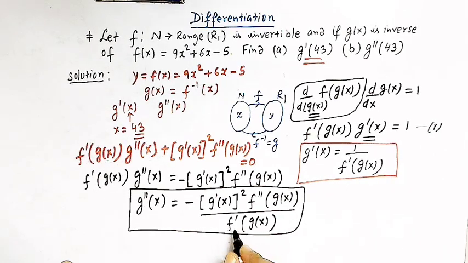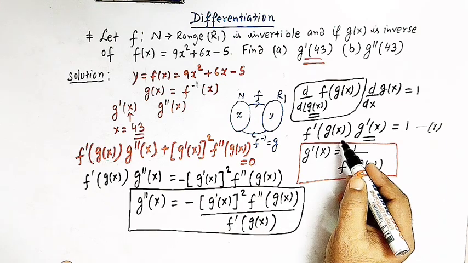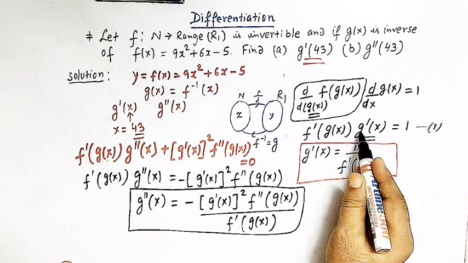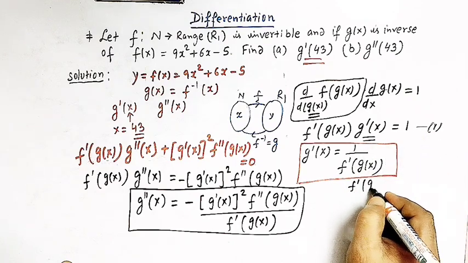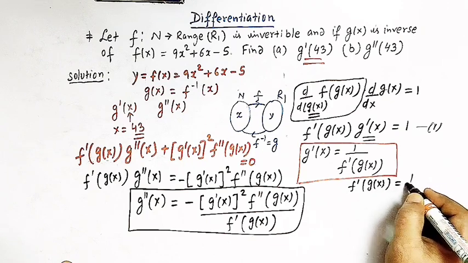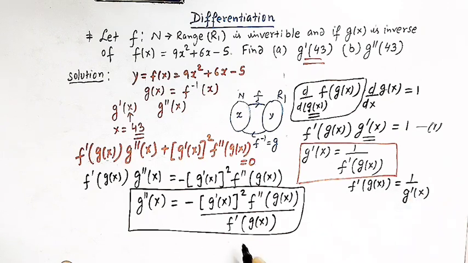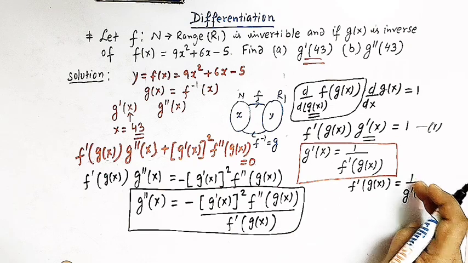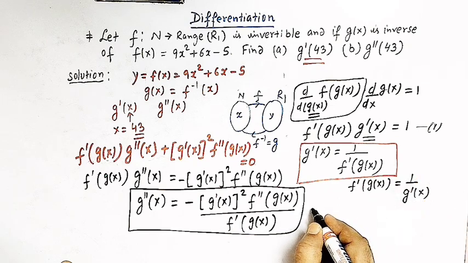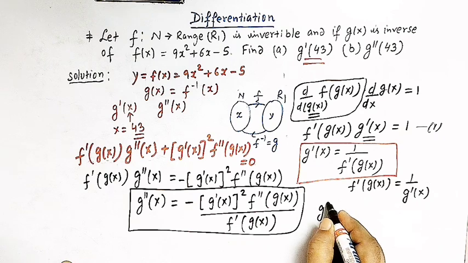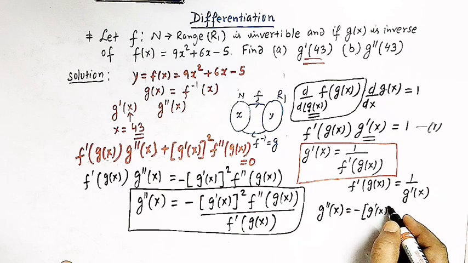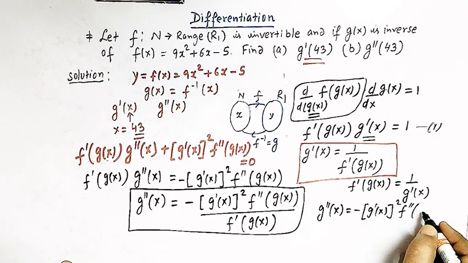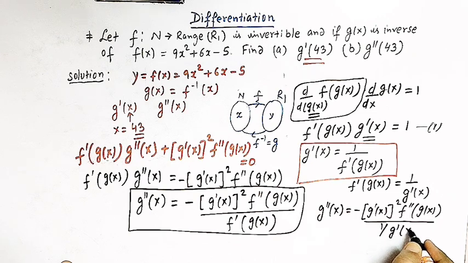If we replace f prime of g of x by 1 over g prime of x, because from this equation we can write f prime of g of x is equal to 1 over g prime of x, then we can write g double prime of x is equal to minus g prime of x squared times f double prime of g of x, and here we have 1 over g prime of x.